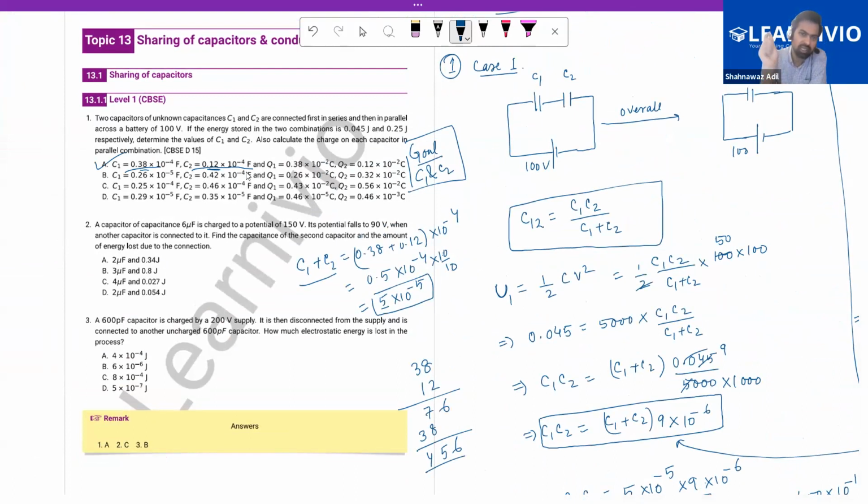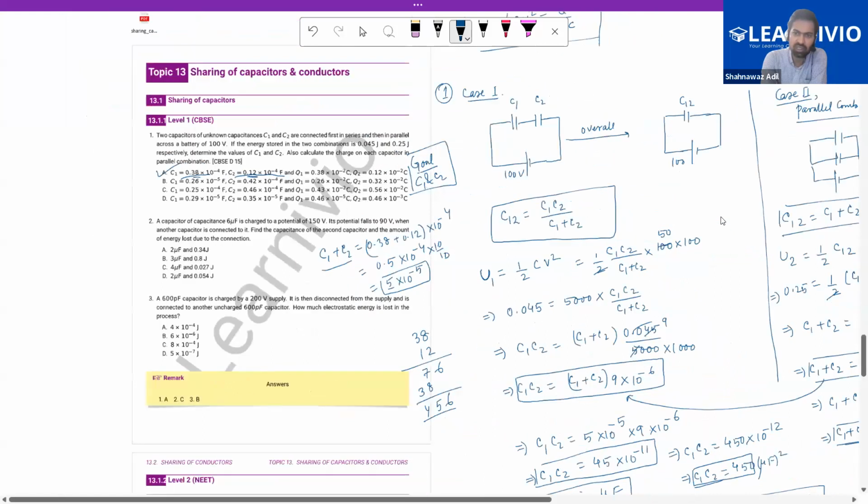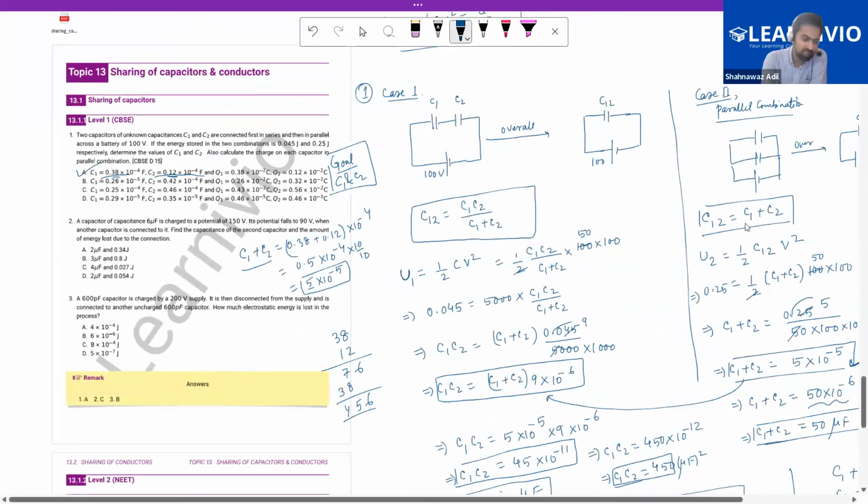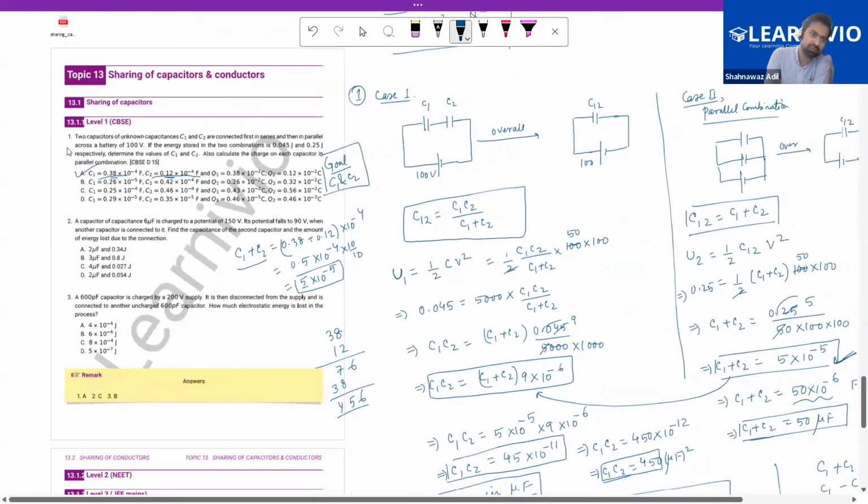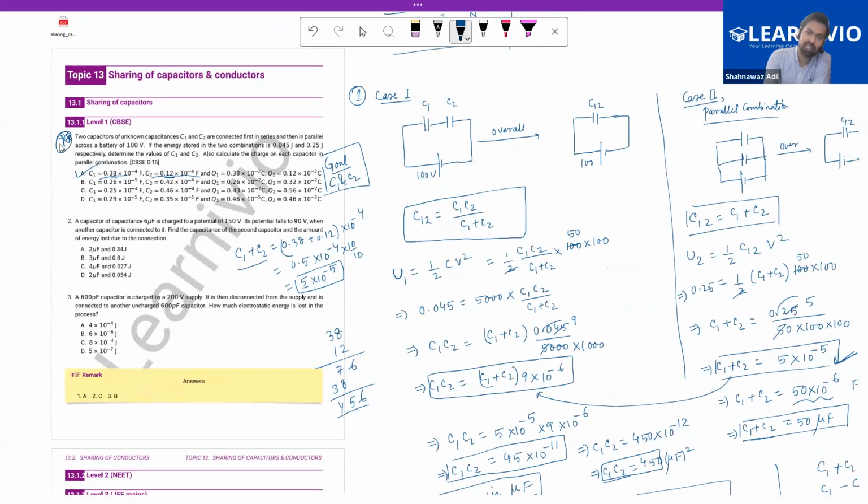We'll talk about the second part later, but you do this first part. So please note it down, and if you have any doubt, please tell me. This is a very important question. Is it clear?